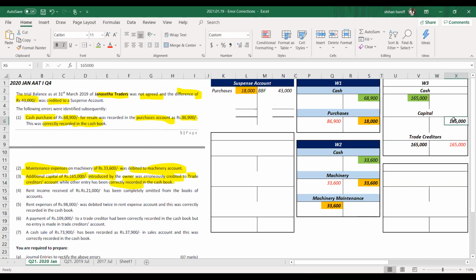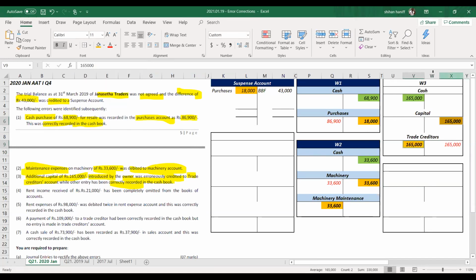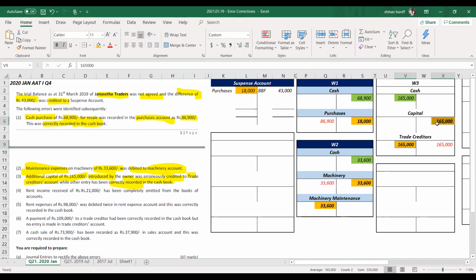So the correction entry, capital account credit, and trade creditors account debit. So that's how you correct it.